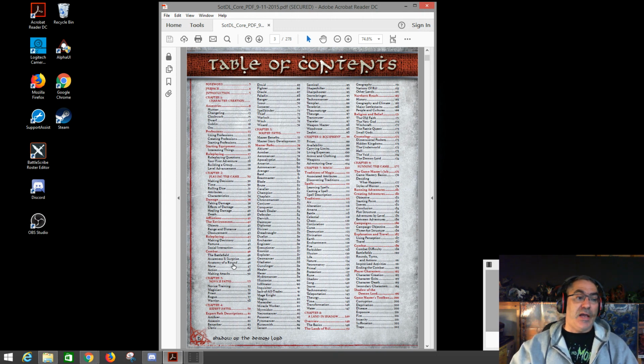Now the only thing that can be a problem with your character deciding to go on a fast or a slow turn is that even though the player characters always go first, and that is true in this game, player characters always go first. The monsters, unless they get a surprise round on you, the opponents, the NPCs, always go after the PCs in each section of the round.